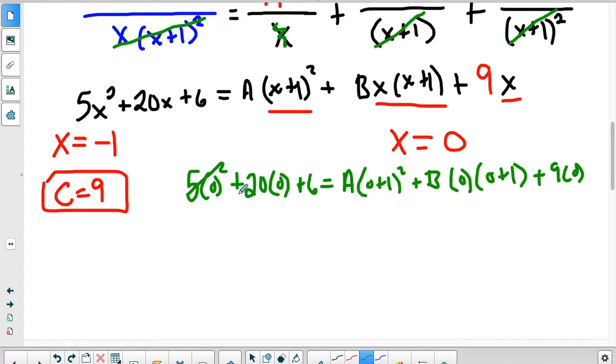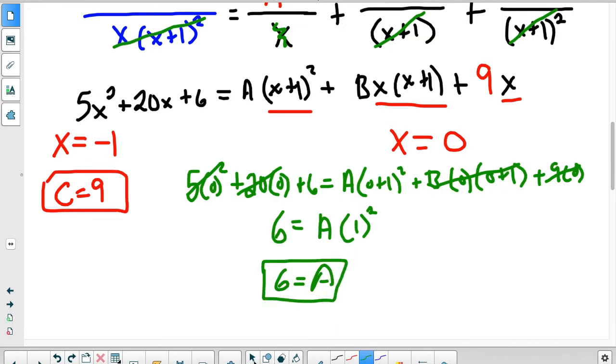Well, this here is 0, this here was 0, so 6 is equal to A. 0 plus 1 is just 1, so we have 1 squared. This here is 0, and this whole thing here is 0. So we get 6 is equal to A times 1 squared, which is just A. So 6 is equal to A.